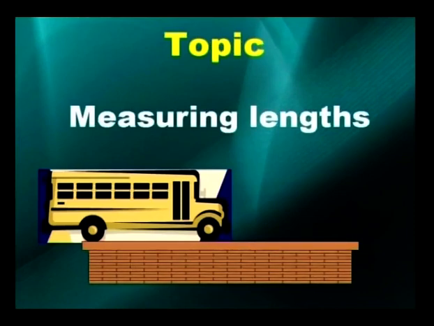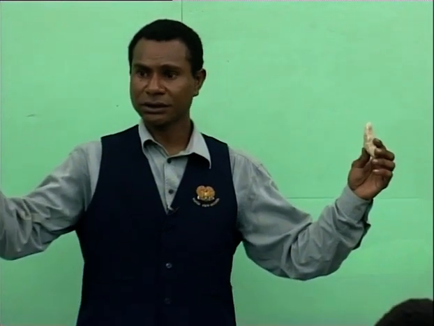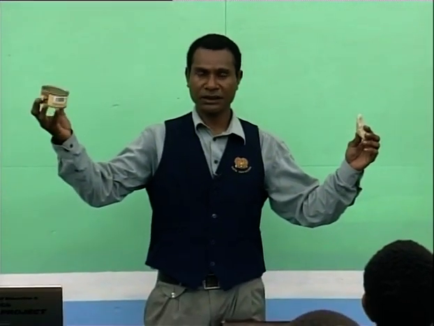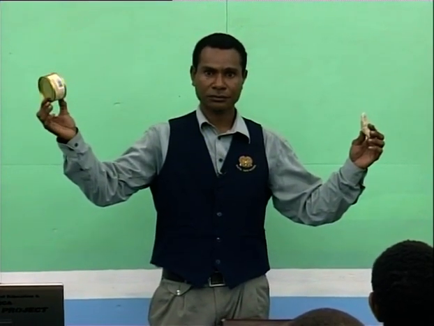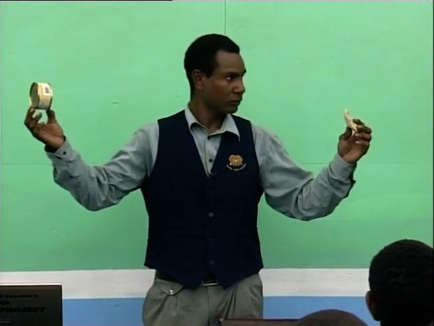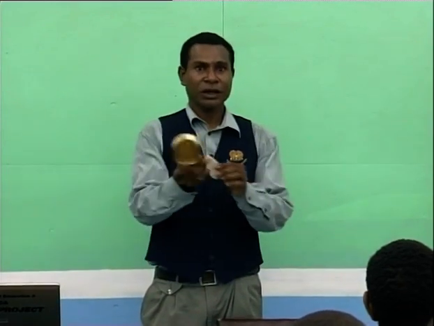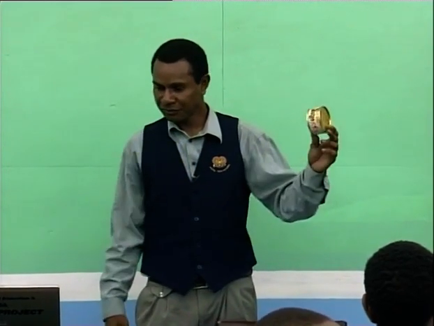So I have brought two examples with me. One is a coral, and the other is a tin. So we have these two.